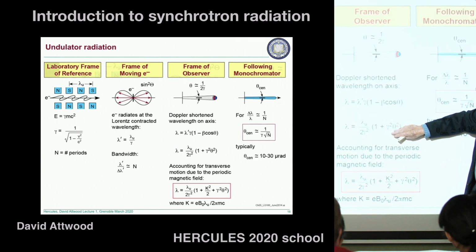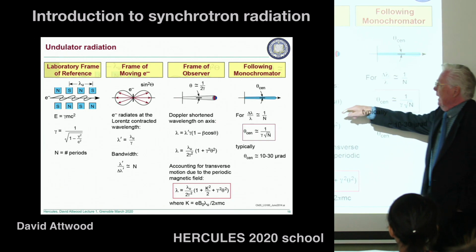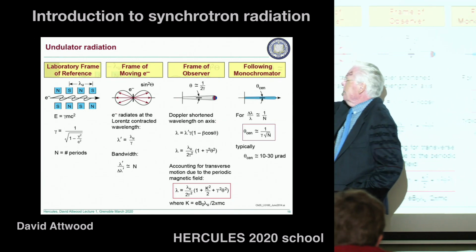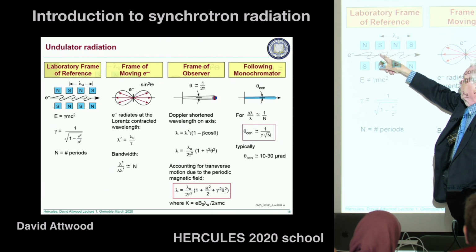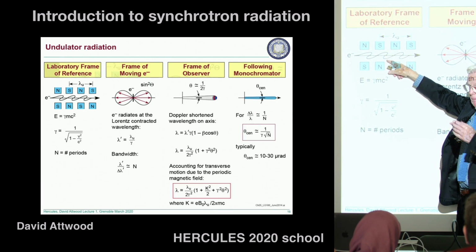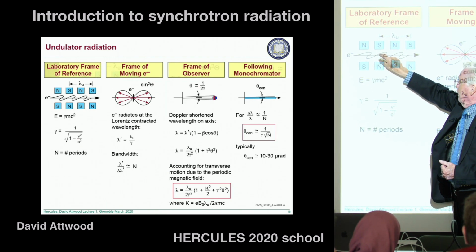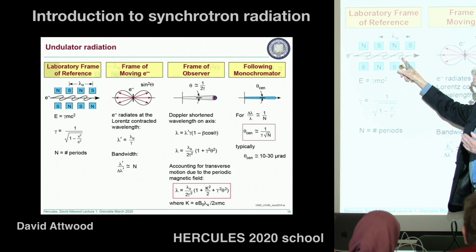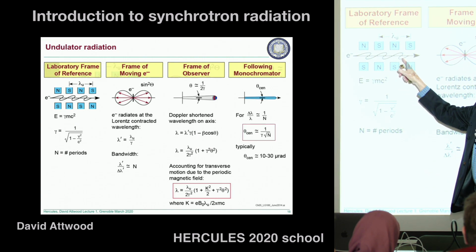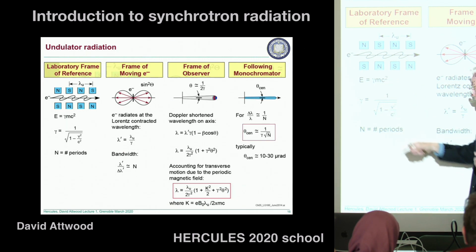And because of the off-axis, this is the off-axis Doppler shift, okay? And when we account for the fact that the electron actually, in coming through here, because of the magnetic field, it's going off axis, that's the oscillation that's producing the power. Actually, the stronger the magnetic field, the more it goes off axis. It takes a longer time to get through. Okay, so it's a higher magnetic field, make it a lower frequency, longer wavelength.